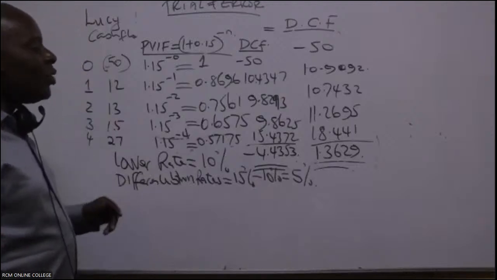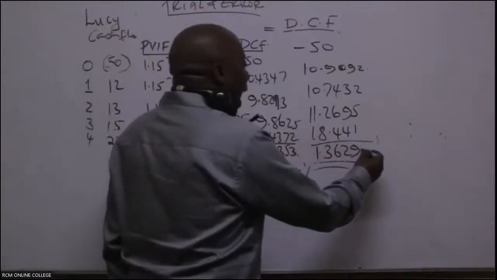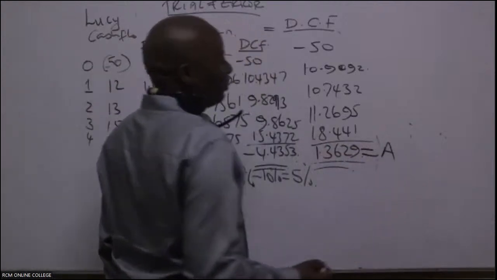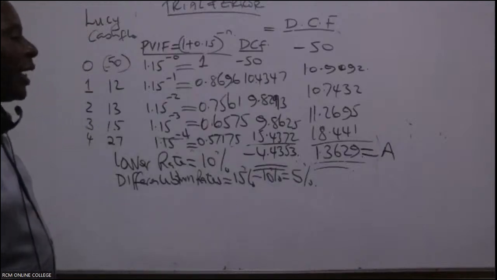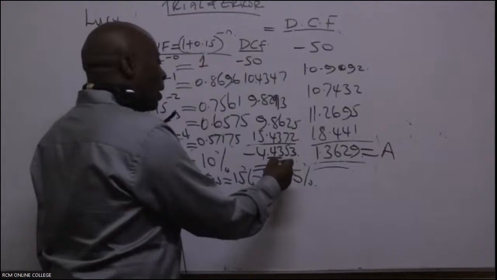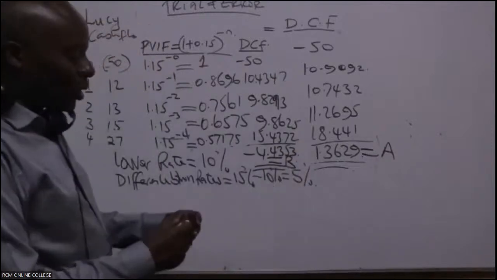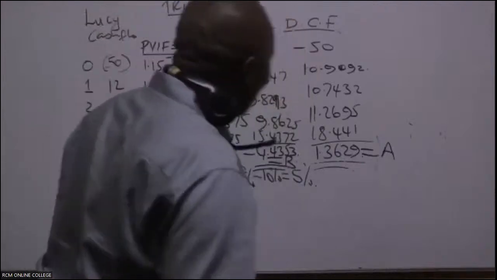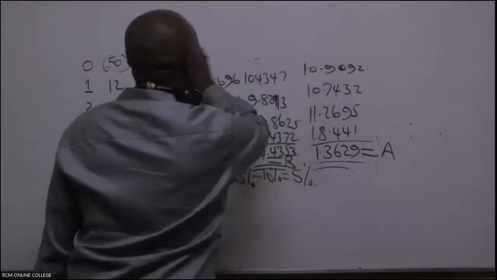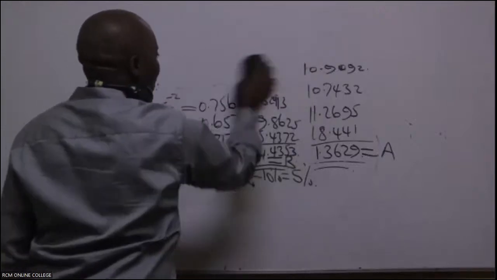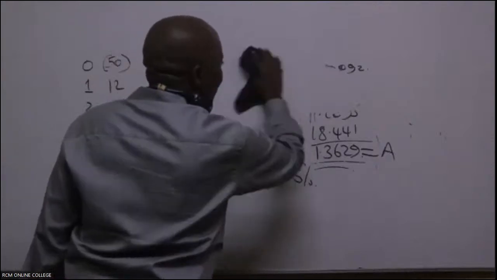Now, once I do that, the positive NPV is always your R. The negative NPV will be your B, like that. And then now you can comfortably write down the formula.